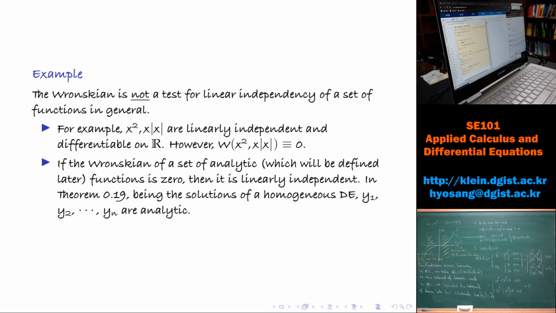Yes. As I mentioned on the blackboard, our goal is to find n solutions if the order of the differential equation is n, and check that these n solutions are linearly independent. Okay.